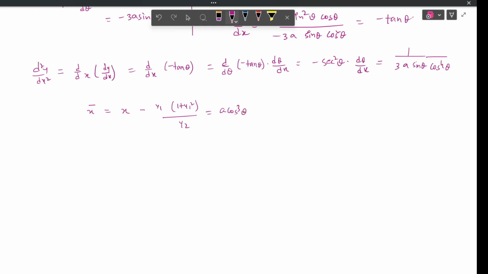So a cos cube theta minus, y1 is minus tan theta, so minus tan theta into 1 plus tan square theta divided by y2, which is 1 by 3a sin theta cos to the power 4 theta.